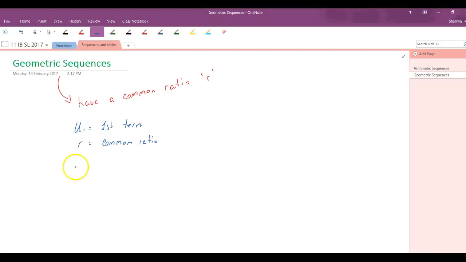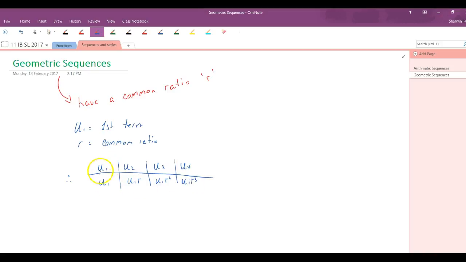So the first term is U1, the second term U2 is U1R, and the third term is U1R. We just keep multiplying by R, and if we keep going like this, we'll spot a pattern.